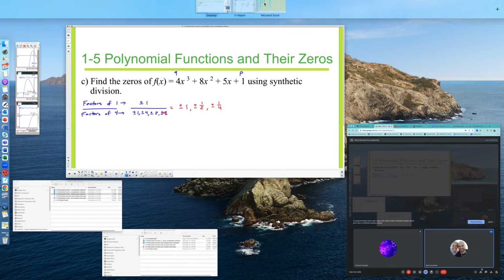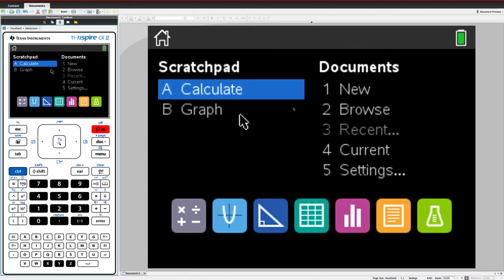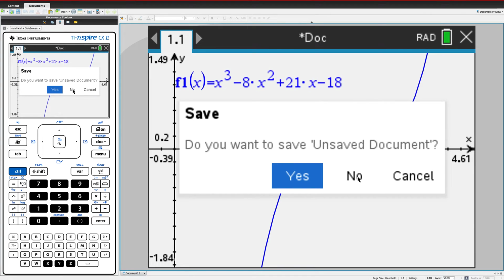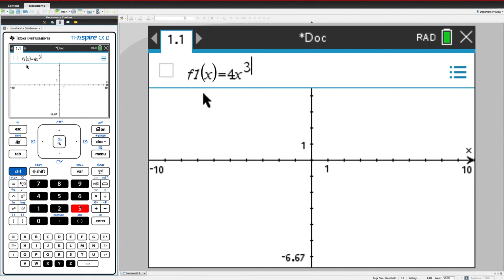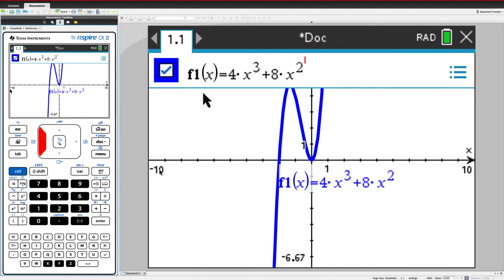All right, let's go to our graph. This time I will just clear mine out so I get the zoom back to normal. Add a graph. The equation was 4x to the 3rd power, minus 8x squared, plus 5x, plus 1.